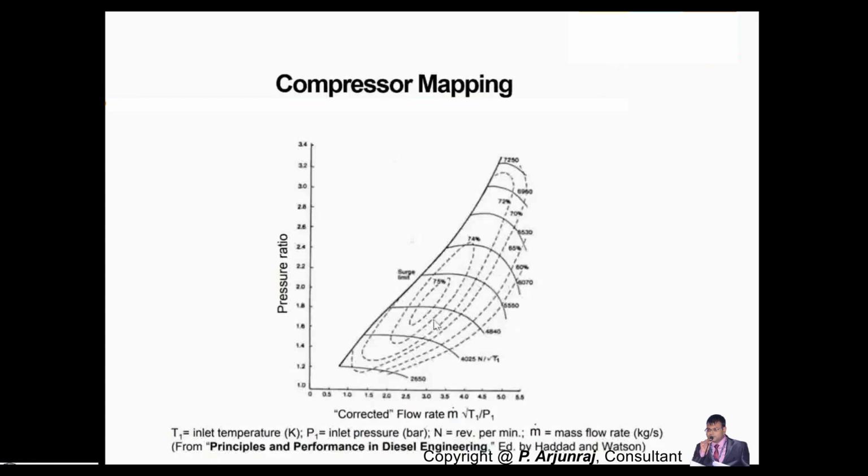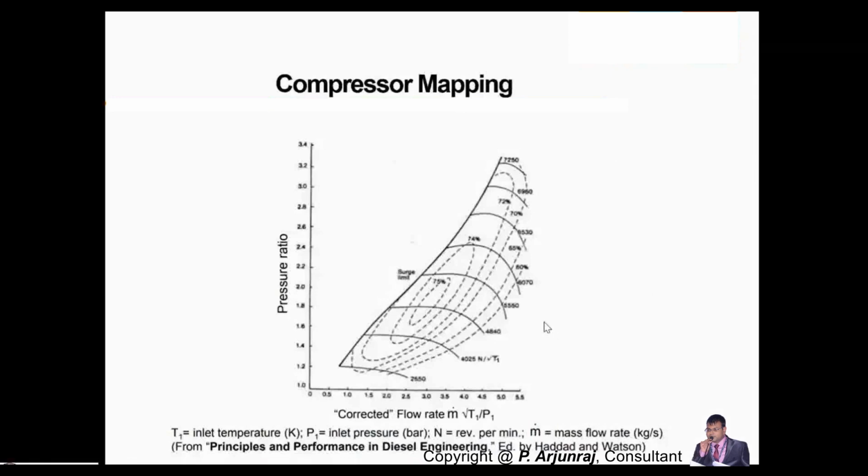perform. So you see here, suppose I select 2 as the pressure ratio and 1.5 as the flow rate, then you need to select the value straight away above the surge limit, and you will select an efficiency close to 75%. Accordingly, because you should not overload the compressor.